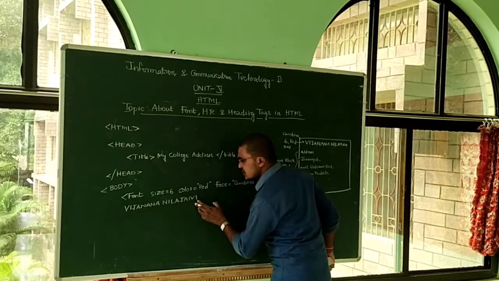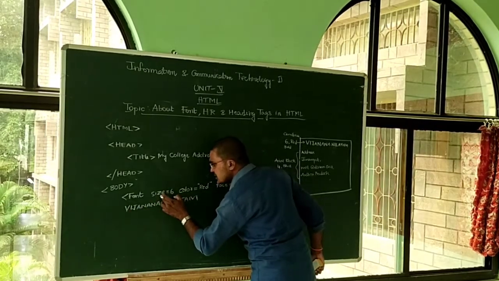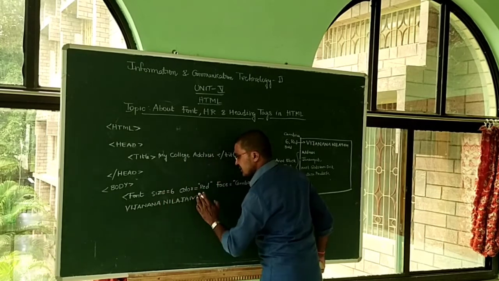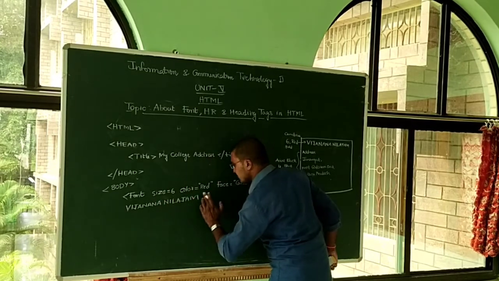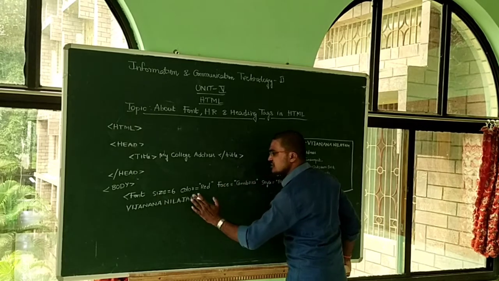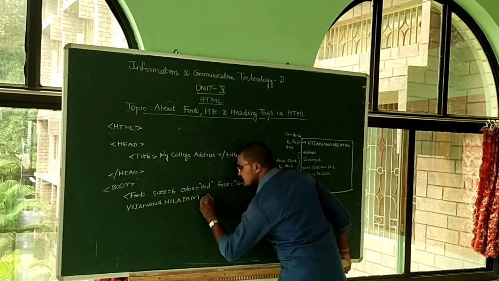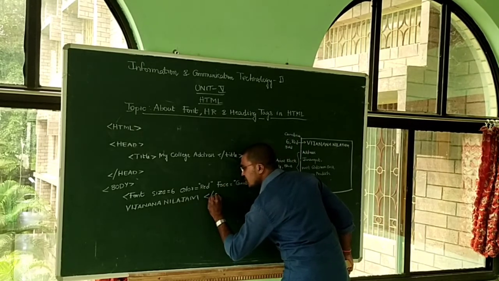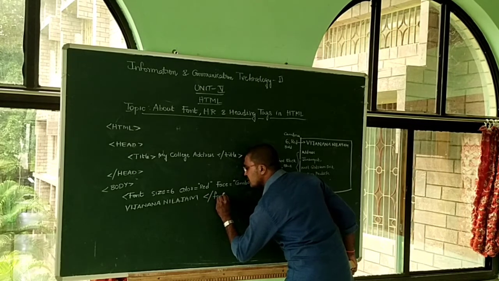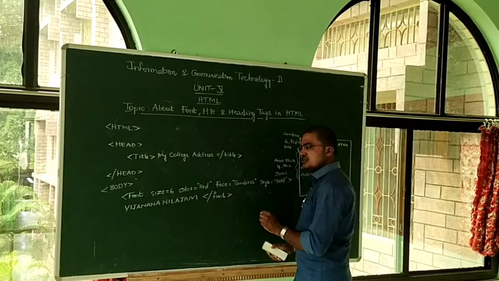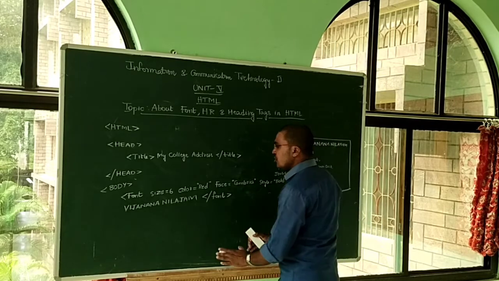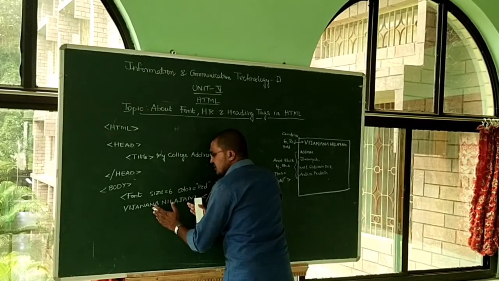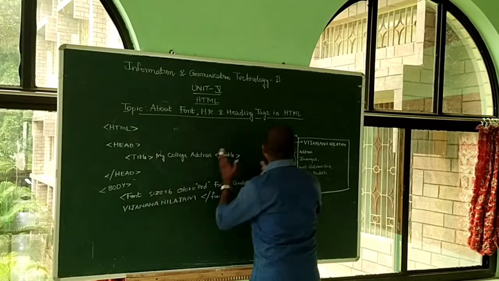This text contains the characteristics. The size of the text is 6, and the color, face, and style will change, everything will change. After your text characteristics are over, immediately you end the font tag. Now all these properties are applied to this text and the text appears in the browser.